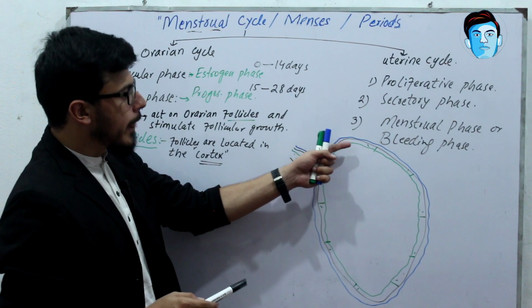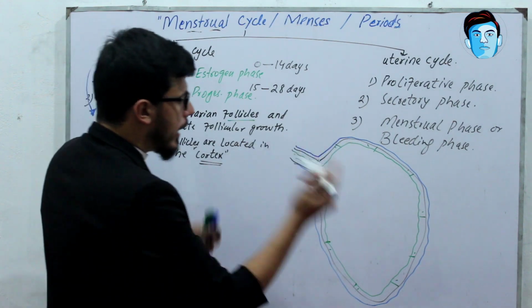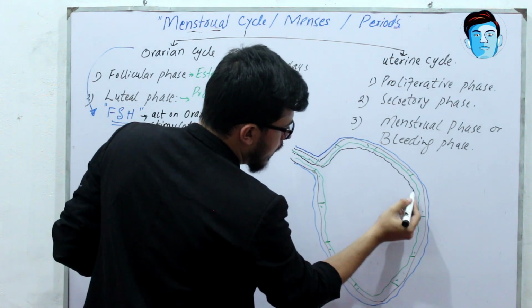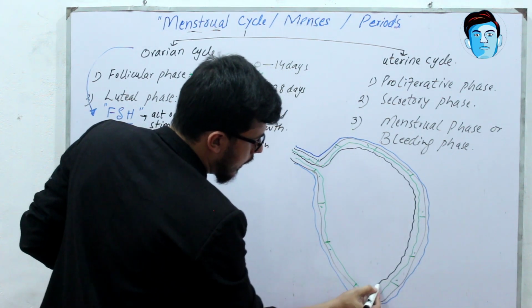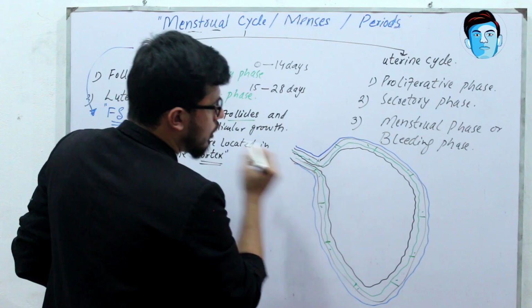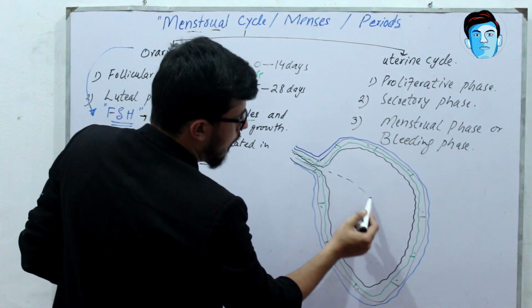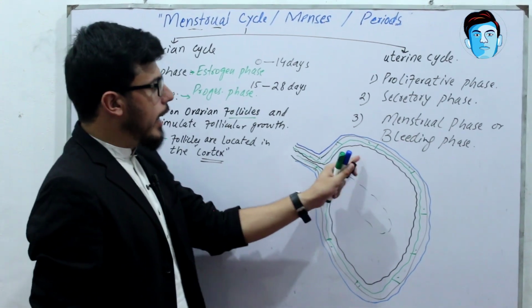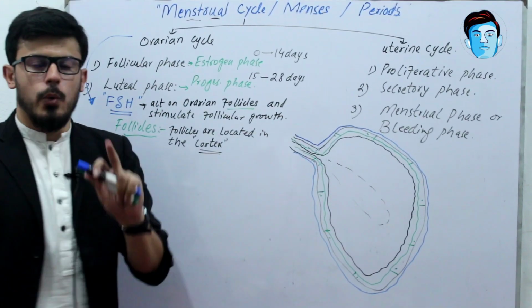And deep to the germinal epithelium, there is another layer, and that is called the tunica albuginea. Now in the center, if we draw an imaginary line, there will be the ovarian medulla in the center, and the outer part is the ovarian cortex.